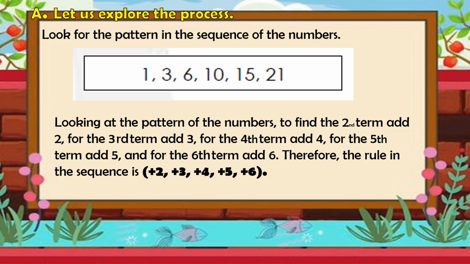For the third term, add 3, for the fourth term, add 4, for the fifth term, add 5, and for the sixth term, add 6. Therefore, the rule in the sequence is plus 2, plus 3, plus 4, plus 5, and plus 6.